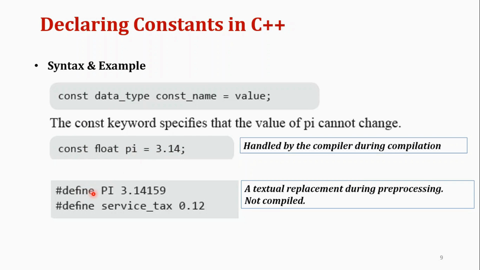Whereas check out this one: it is a hash define, a preprocessor directive, where the constant name is given only in capitals, with a space between define and the constant name, and the value also given here. This preprocessor directive is not needed for compilation and is excluded from it. Whenever you use the capital PI, it takes this value. It's another way of representing a constant in C++.